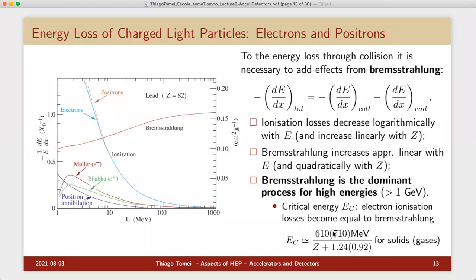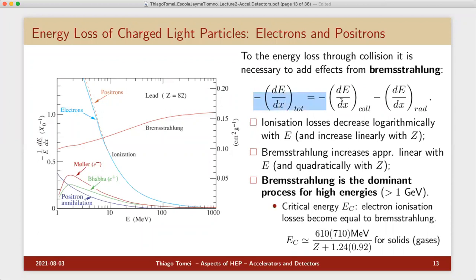As the electron and positron move in the material, not only do they lose energy by ionizing, in the electrosphere, the electrons in the atoms, but they also lose energy because they are moving through an electric field. And obviously they're accelerated. So bottom line, they do bremsstrahlung.